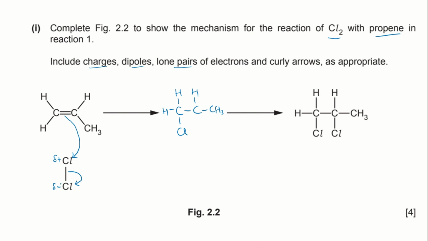Now, this chlorine took both the electrons from the Cl-Cl bond, became a chloride ion. Here, the carbon is electron deficient, so it has a positive charge. And then, show a curly arrow from the lone pair to the positive carbon in the carbocation ion. At the end, we get the product.